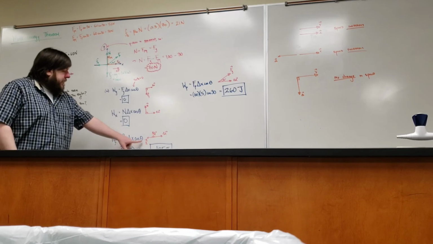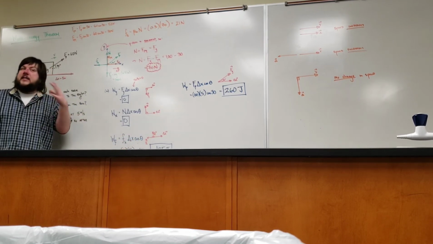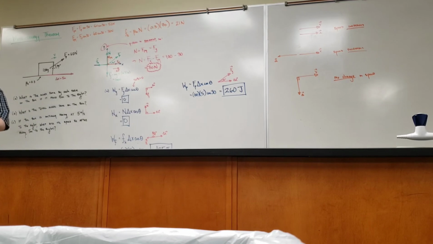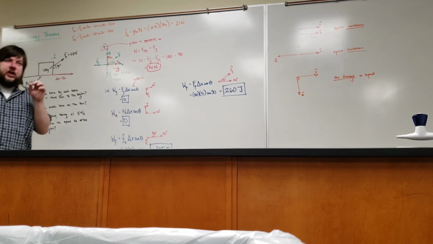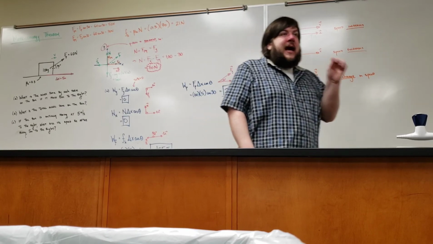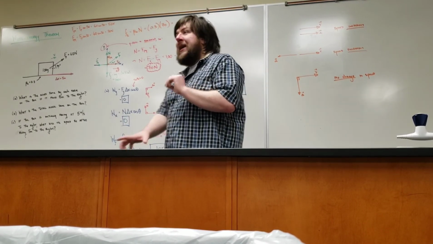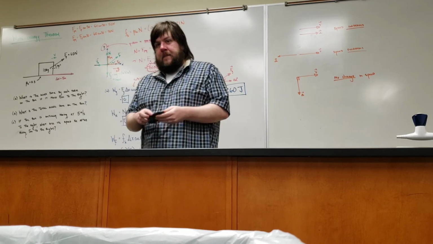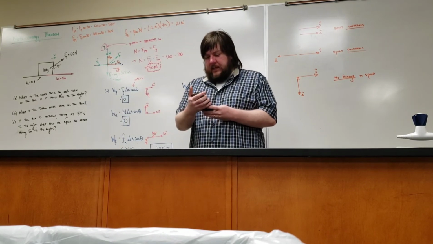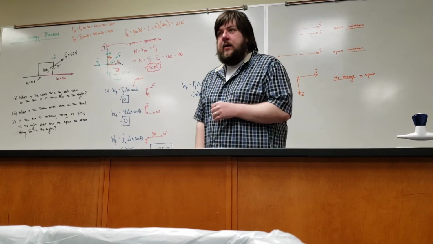The angle between them is 180, so the cosine of 180 is -1. But I want a conceptual explanation. Because friction acts to slow the object down. Friction acts to slow the object down. Any force that acts to slow an object down produces a work that is negative. That's an important conceptual thing to understand.